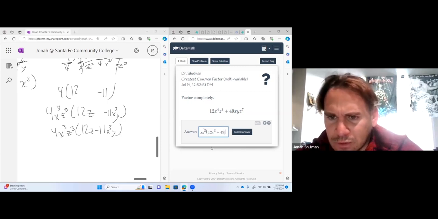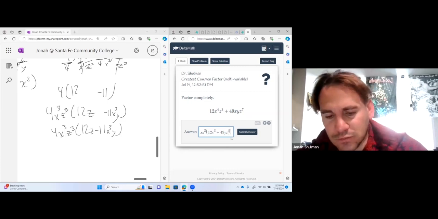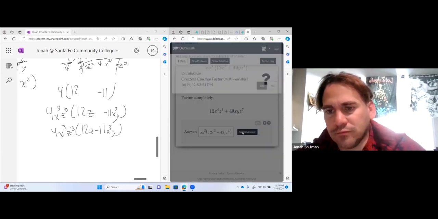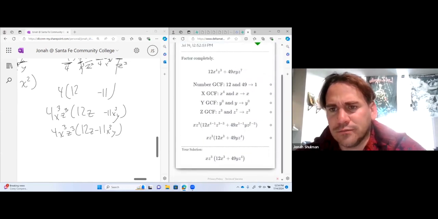The x drops. We have a y because there's no other y, and 7 minus 3 is 4, z to the fourth. Sometimes it's easier for me to just visualize it without writing the whole thing out. Ta-da! It's 12 and 49, their GCF is 1.